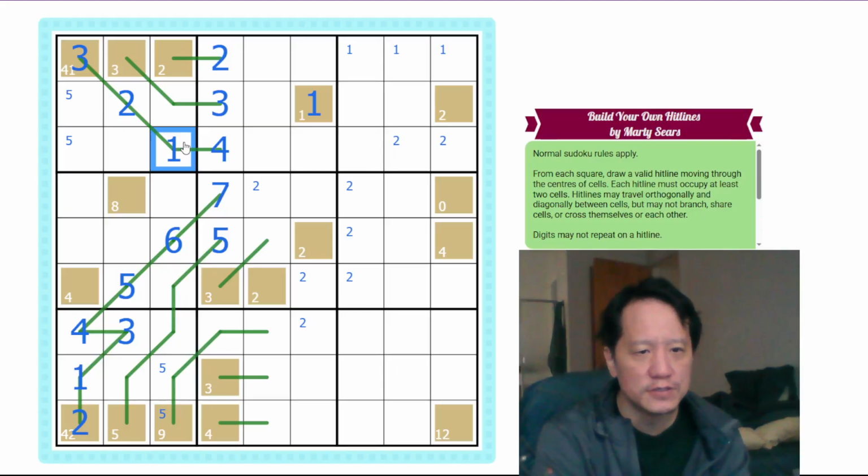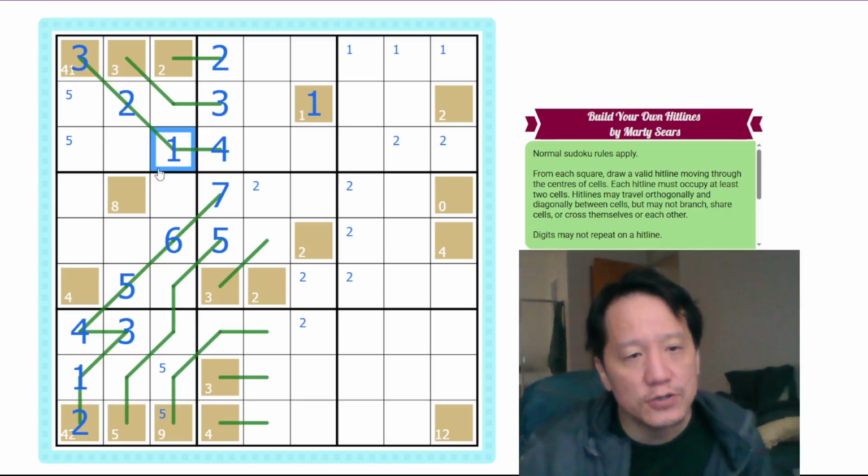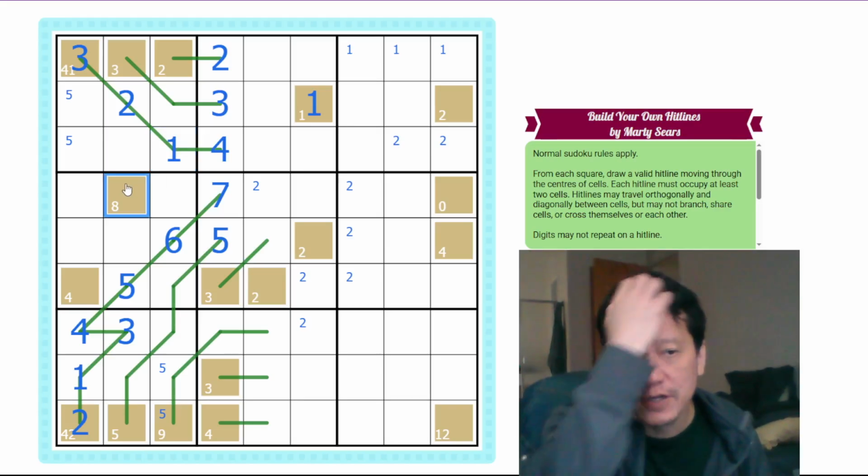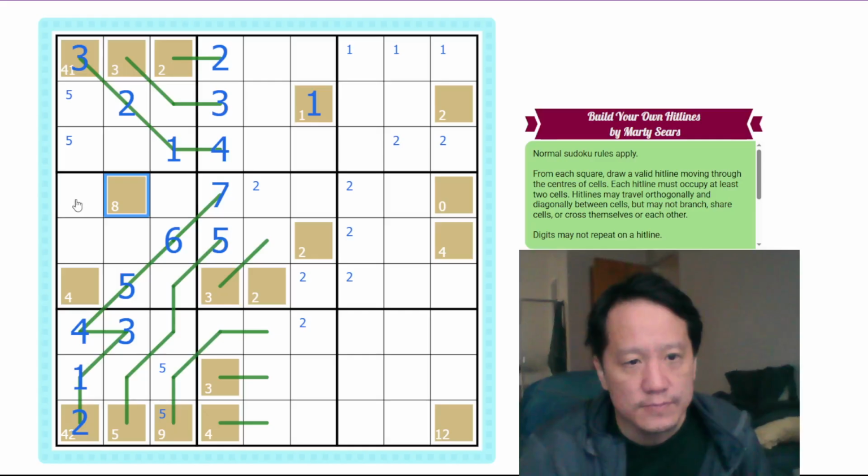How does this work? Oh, 5, 2, and 1. work. You don't have to have 5 and 3. So where are 2 and 1?